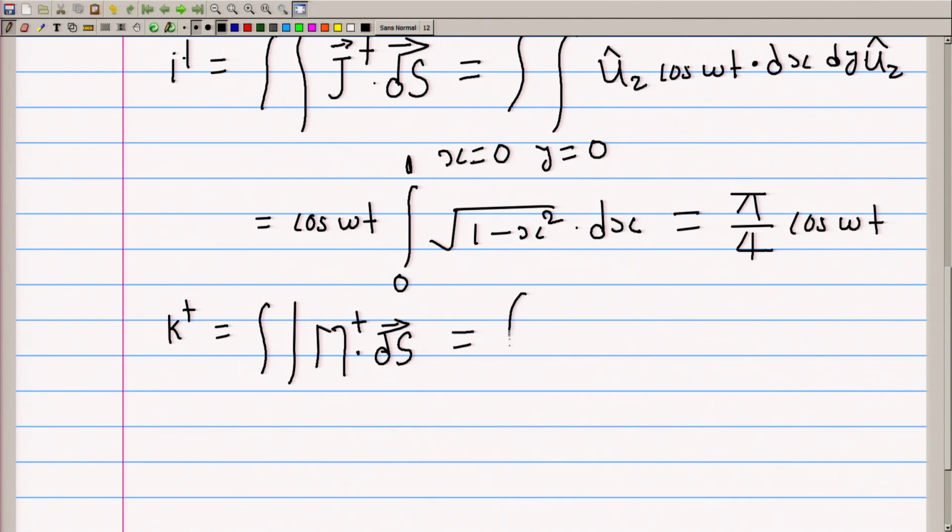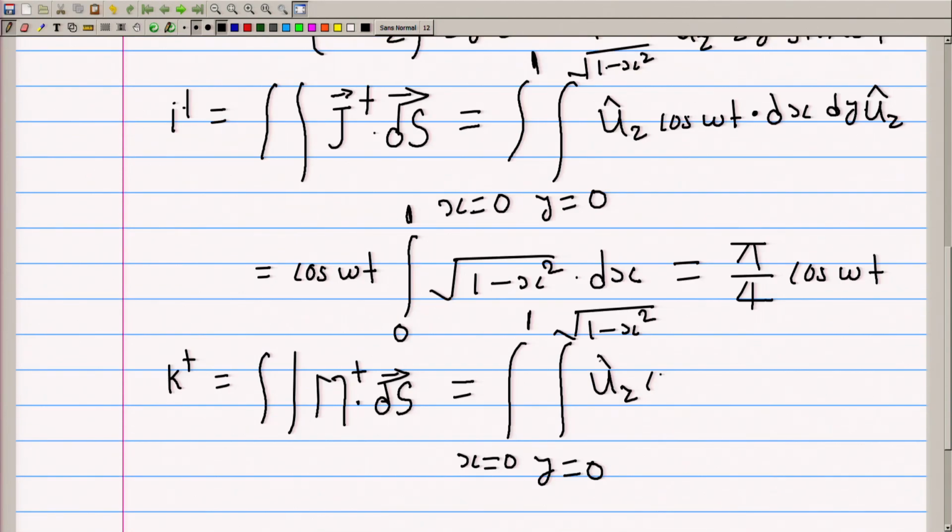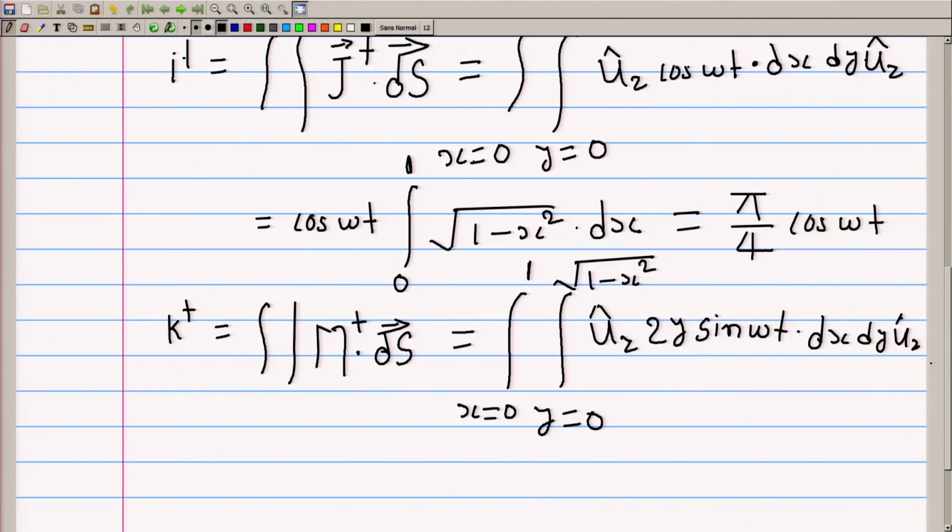So, again x is from 0 to 1 and y is from 0 to the square root of 1 minus x squared, and we substitute the value of Mt, uz 2y sin omega t, dot product with dx dy uz. So, the integral on y will be y squared by 2, and the 2 will cancel out.